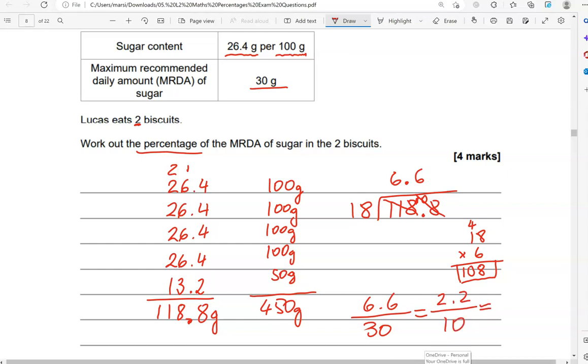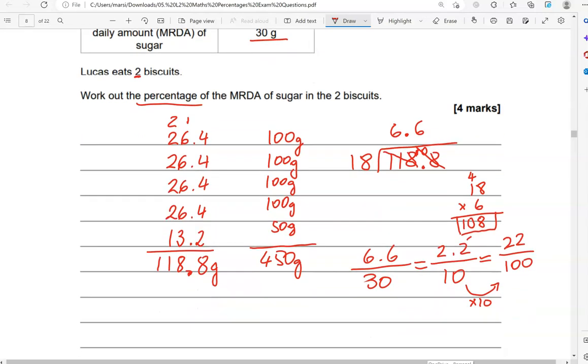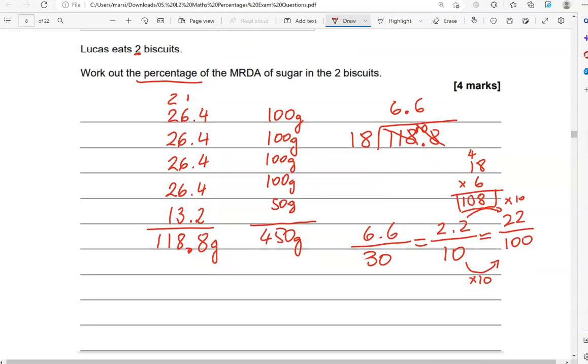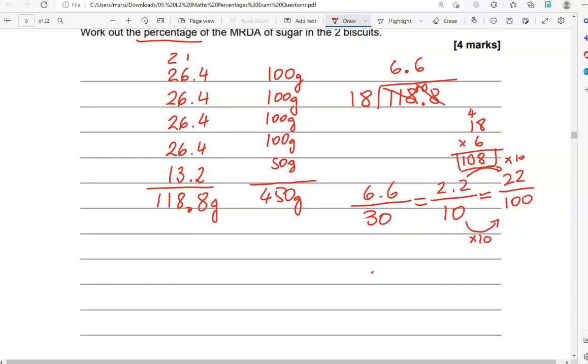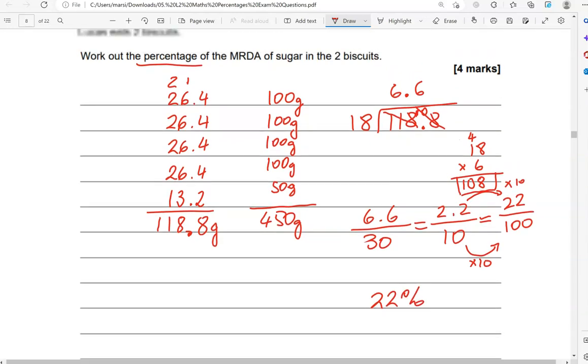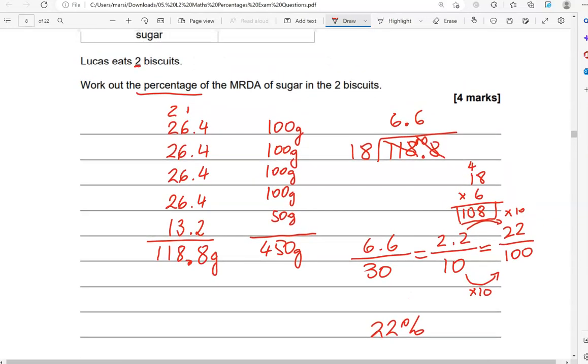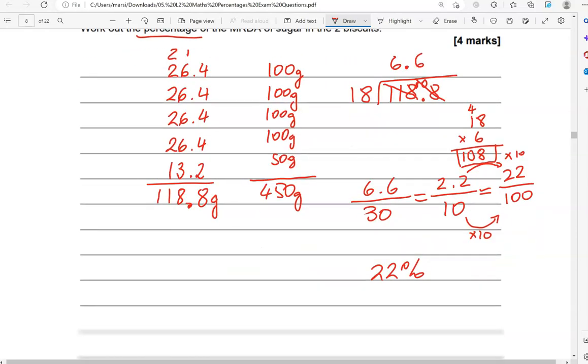Now I'm going to multiply by 10 both numbers, so I get 100 here and 22 at the top, so 22 out of 100, which is 22%. So he's had 22% of the maximum recommended daily allowance.